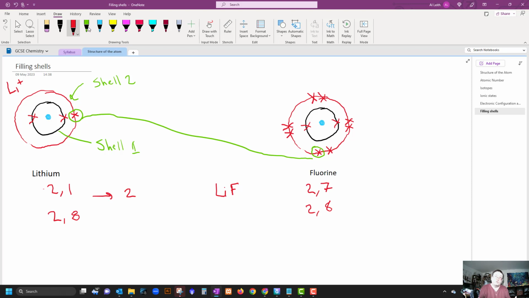But if you remember from earlier when we were talking about ionic states, by altering the number of electrons, you can either add them to make it a negatively charged atom, what we call an anion, or we can reduce the number of electrons such that the protons become more numerous, and it becomes a positively charged cation.